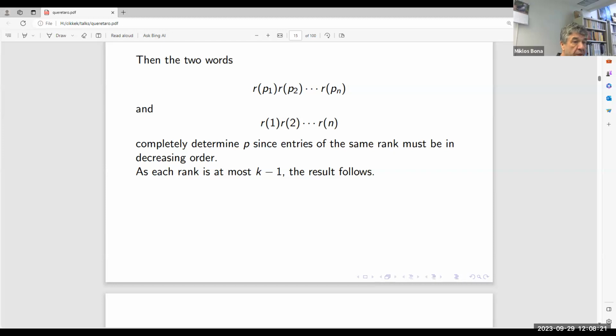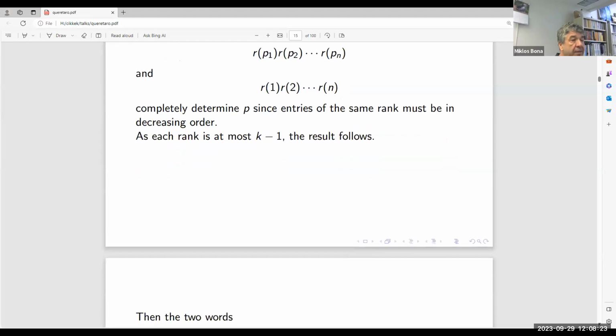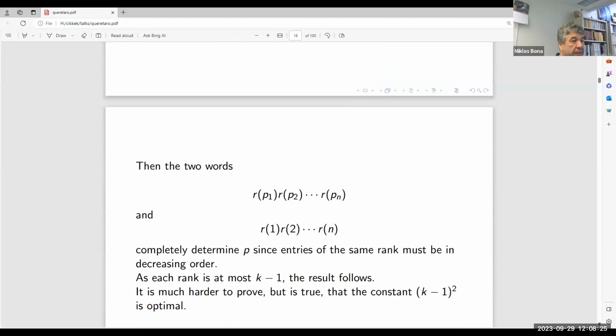Because crucially, the entries of the same rank must form a decreasing subsequence. That follows from the definition of the rank. If you have two entries of rank 6, then the one on the right has to be smaller, because if it was bigger, then it would be of rank 7, because it would have an entry of rank 6 on its left, which is smaller.